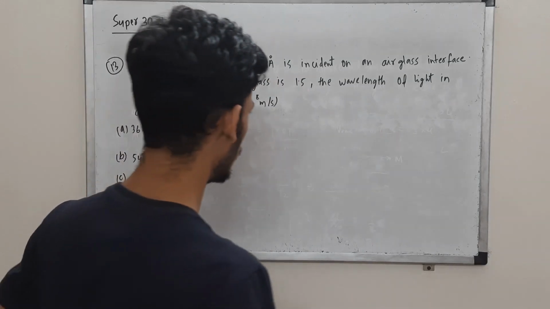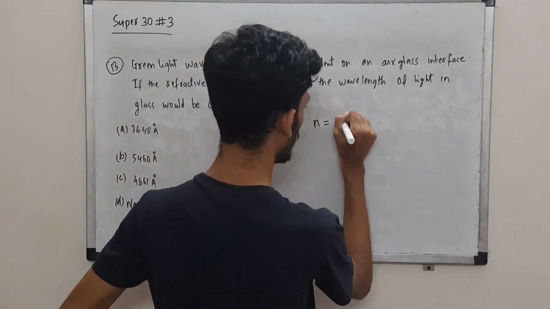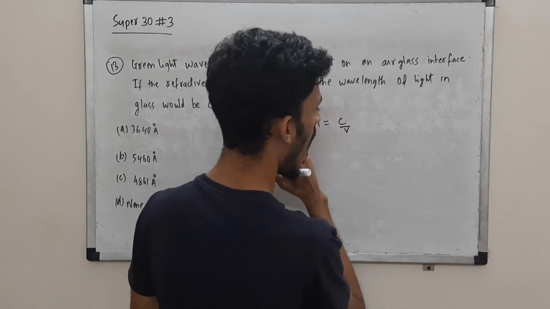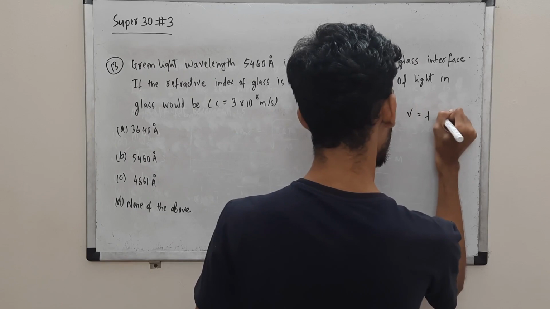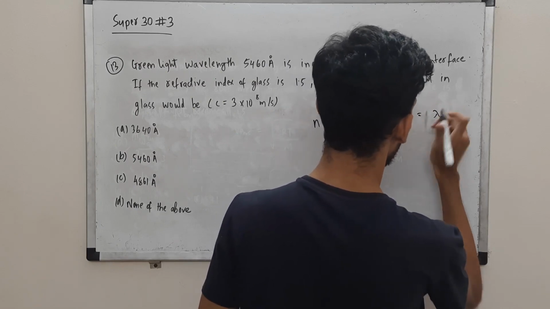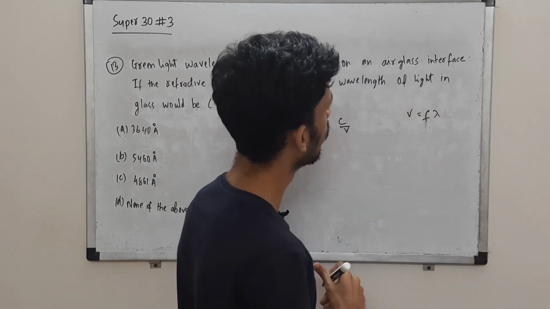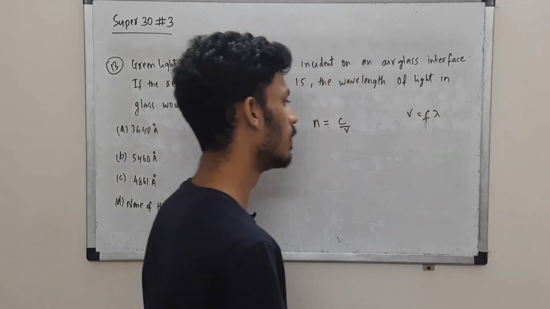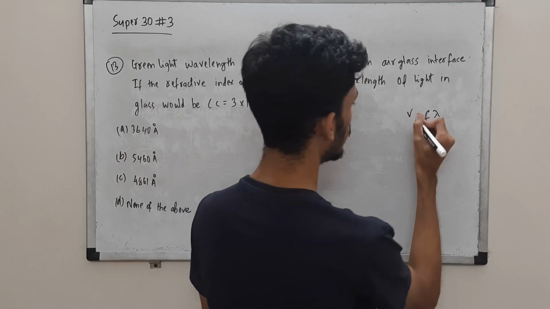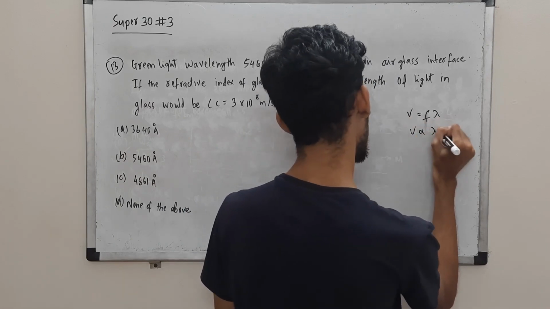Now you can use n is equal to c by v, right? Or you can see that velocity of light is equal to f lambda, frequency into wavelength. Frequency does not change, because frequency depends on the source.